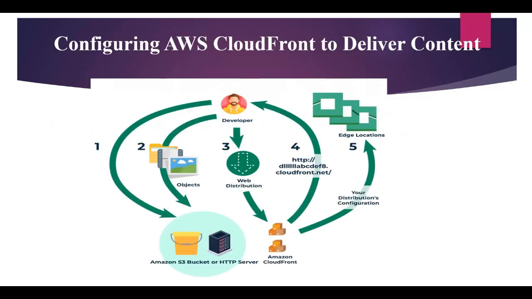The last is configuring AWS CloudFront to deliver the content. There are 5 steps. First, we need to create the S3 bucket. Then in the bucket we need to upload some files, the objects we need. Then we need to create the web distribution in Amazon CloudFront, and finally when we create the distribution, it gives the URL of the CloudFront.